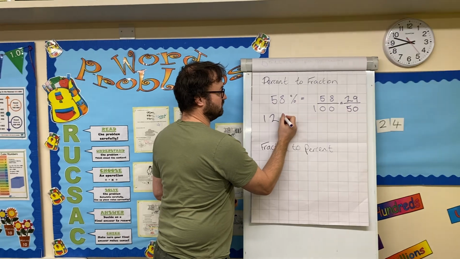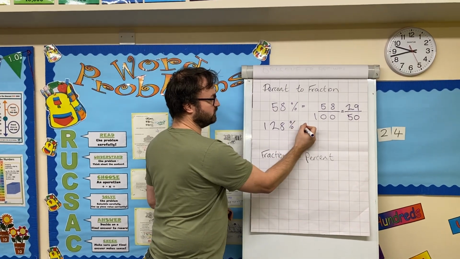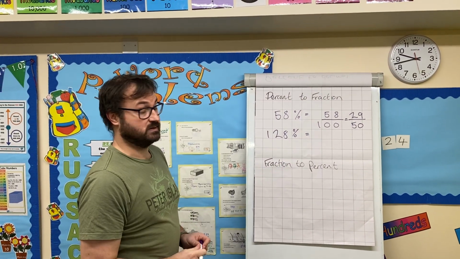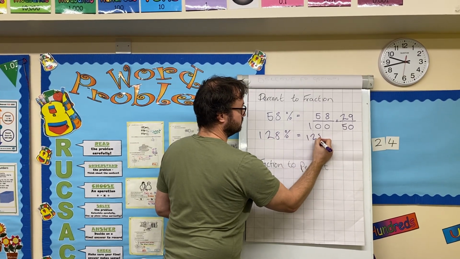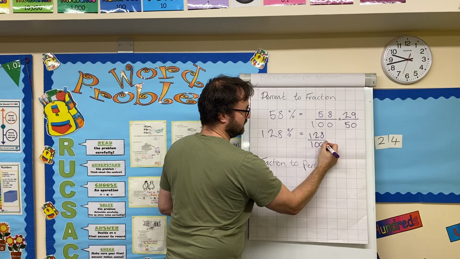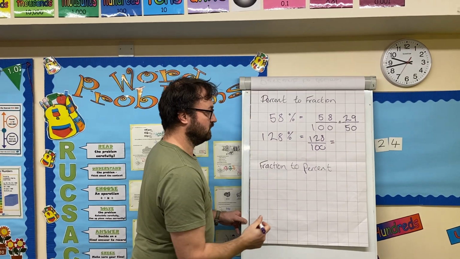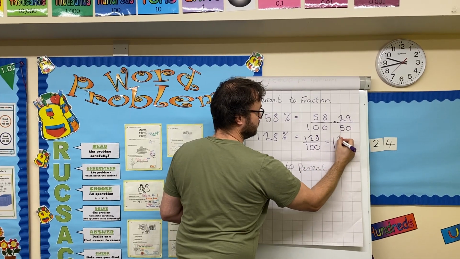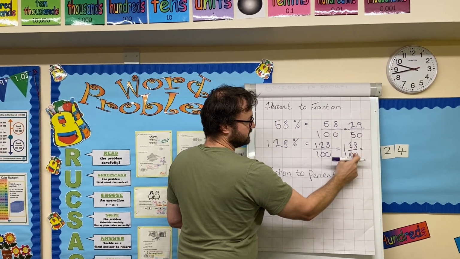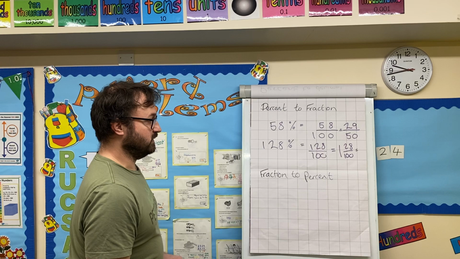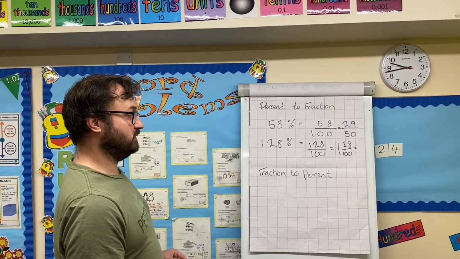If you have a situation where for some strange reason you have more than 100%, sometimes it happens, you would just write an improper fraction. And then you would change that improper fraction to a mixed number. And then of course you would simplify that bit there to be 14 over 50, to be 7 over 25.